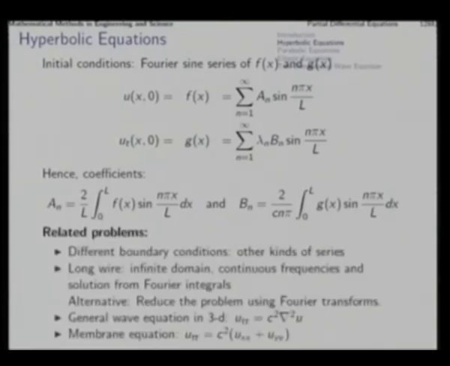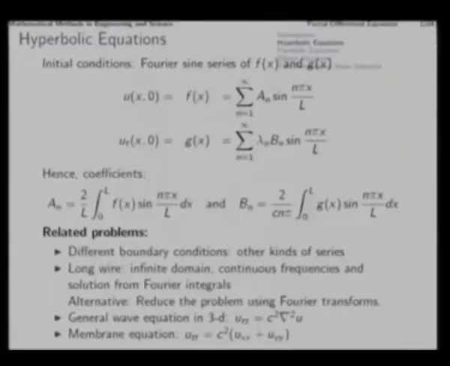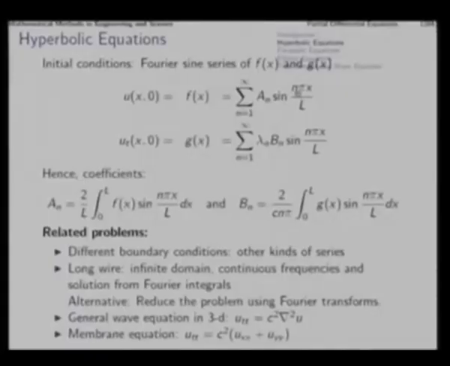Now, there are a few related problems. If you have different boundary conditions, in this case both boundary conditions were 0, then you may have to look for other kinds of series, not sine series, maybe cosine series.